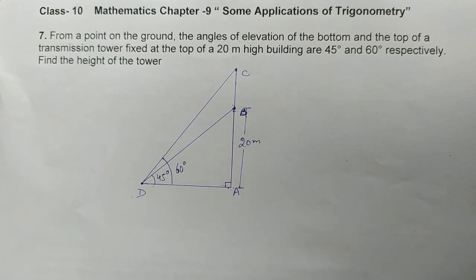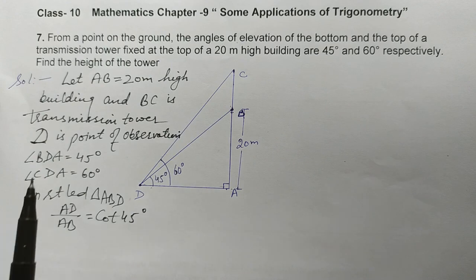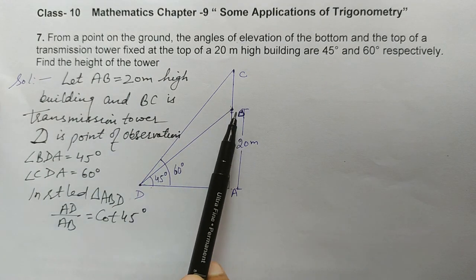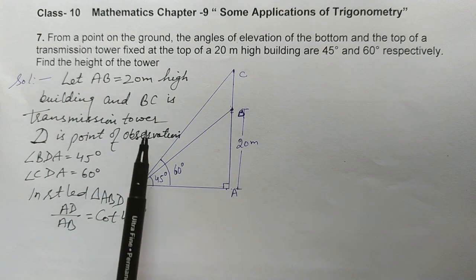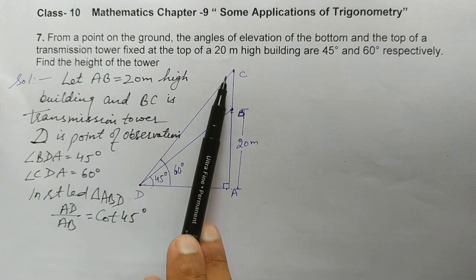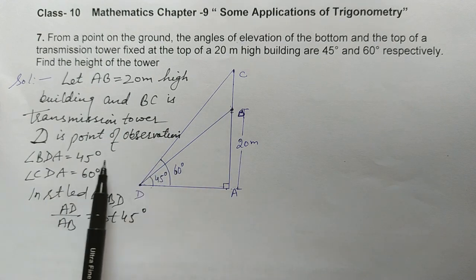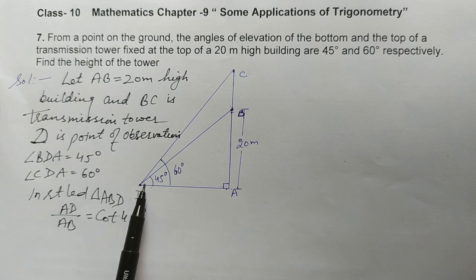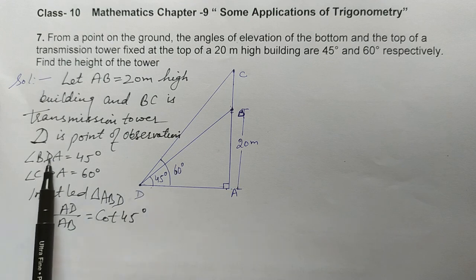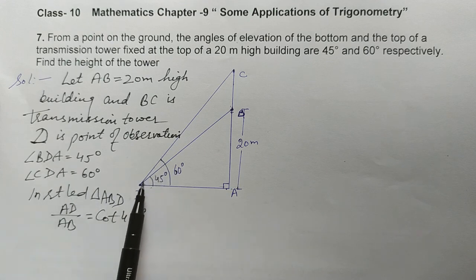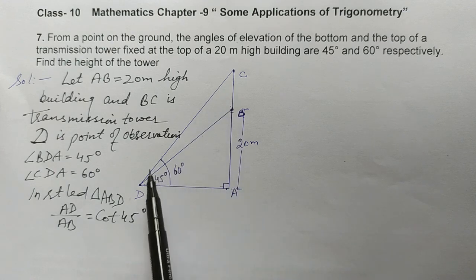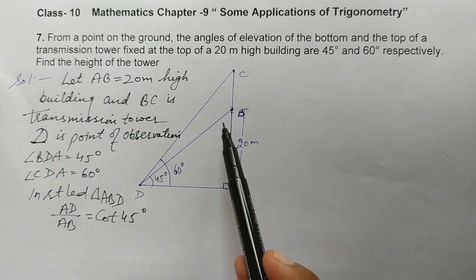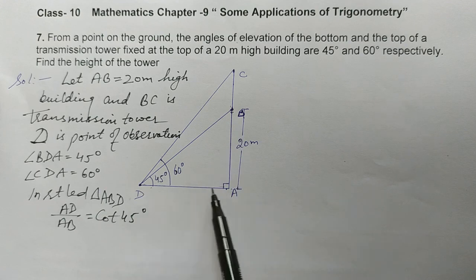So let's write now. Let AB be the 20 meter high building and BC a transmission tower. D is the point of observation, where somebody is observing. So angle BDA is 45 degree, and angle CDA is 60 degree. Now in the small right angle triangle, we'll find out the value of AD.